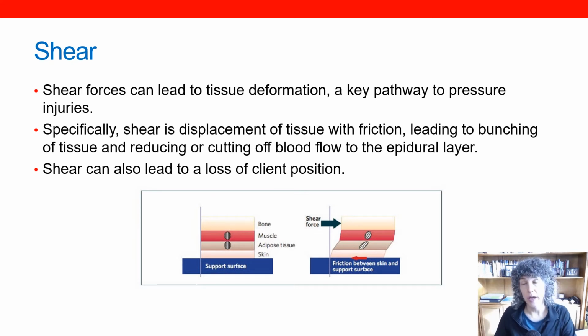This can lead to a lack of adequate blood flow or lack of any blood flow to the top layer of the skin, and that can cause injury. Shear can also lead to a loss of client position as the client moves out of alignment with support surfaces and may not return to that alignment without assistance.